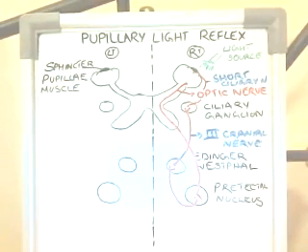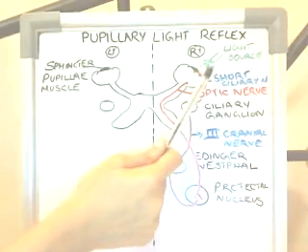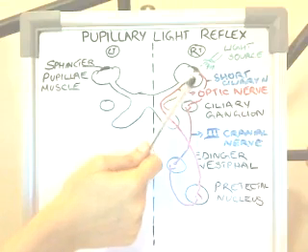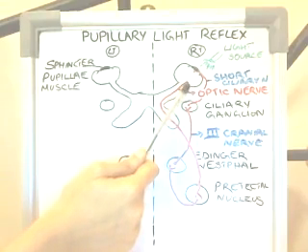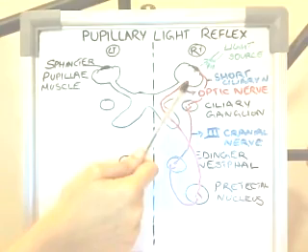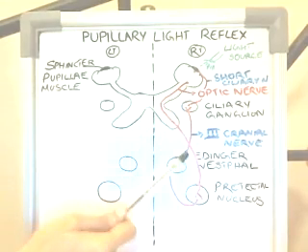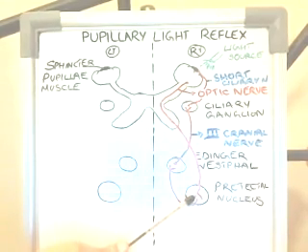Whenever the sphincter pupillae muscle is activated, being the constrictor muscle of the iris, it leads to pupillary constriction. So if the light source is shown into the right eye, the retinal ganglion cells get stimulated. They convey the information through the right optic nerve and reach the pretectal nucleus.